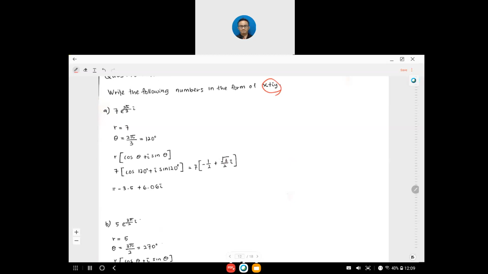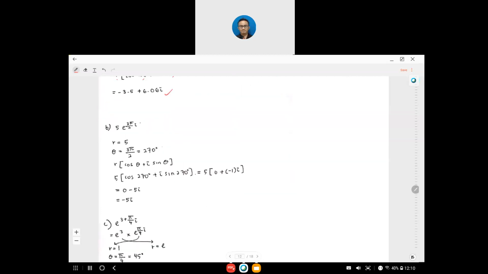So you can get R equal to 7, theta equal to 120 degrees. You just substitute. 7 cos 120, i sin 120. So you can get negative 3.5 plus 6.06i. No problem.